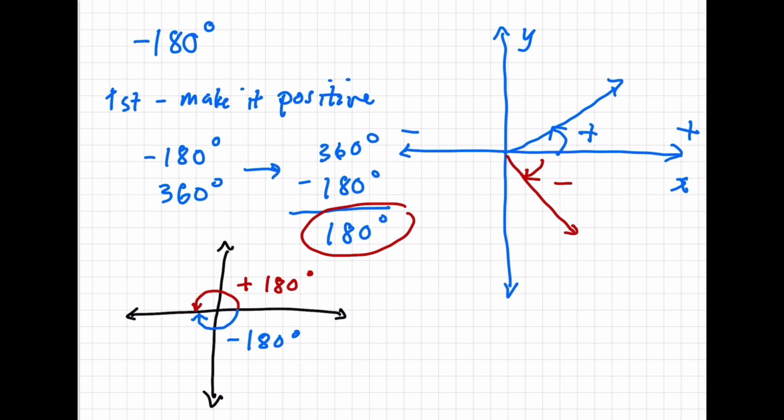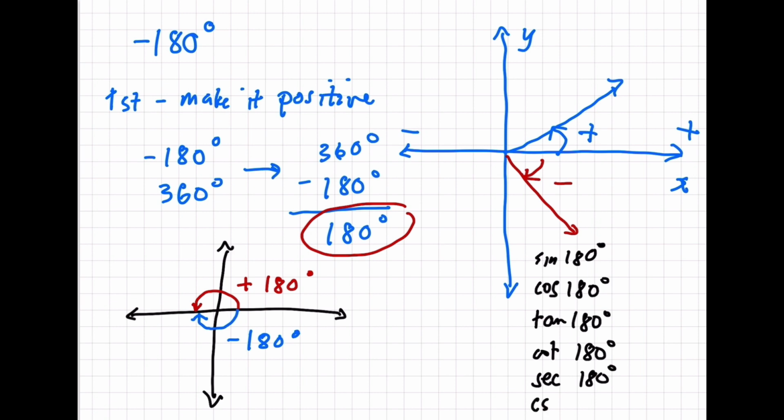So we already know what the 6 trigonometric functions are for 180. So I'm going to put here sine, cosine, tangent, cotangent, secant, and cosecant.